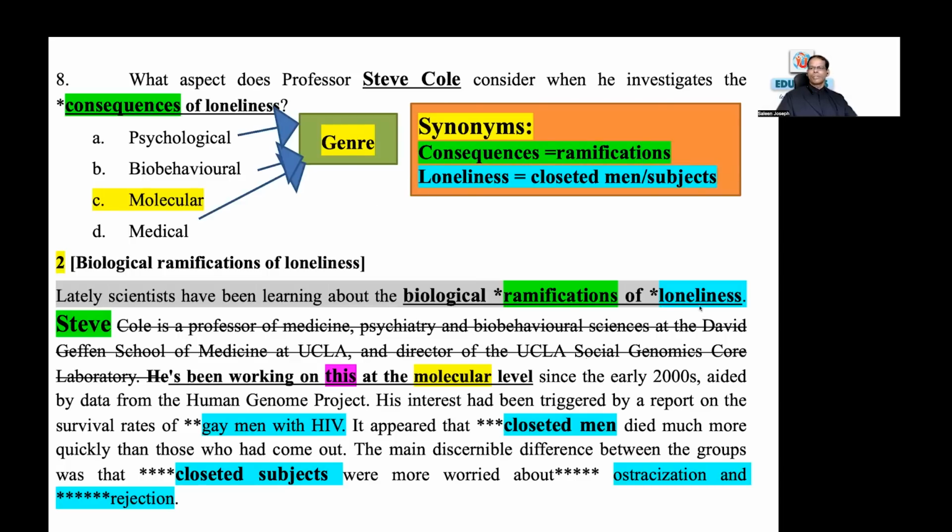Biological ramifications of loneliness. Ramification means consequences. Loneliness, closeted men, subjects. Here closeted men means lonely people. Closeted subjects means lonely people. So again, repetition of the same. So reference, this ramification of loneliness.